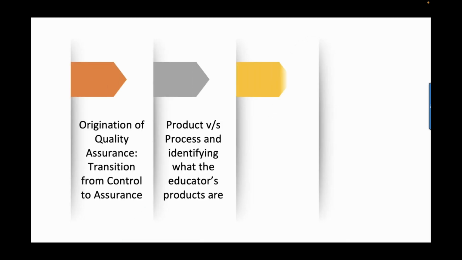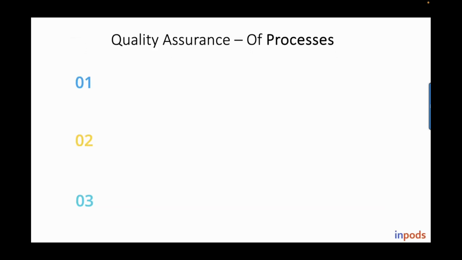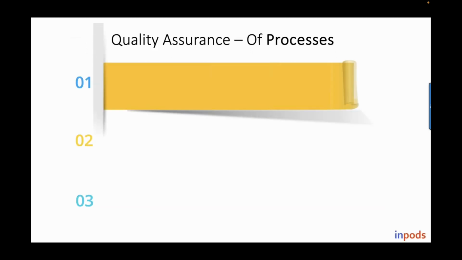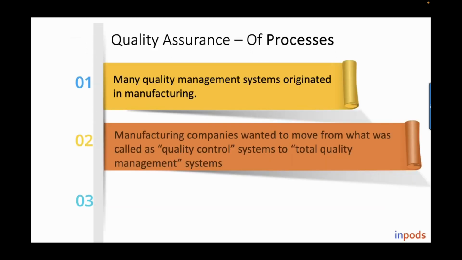Essentially, the idea of quality assurance originated in the field of manufacturing long back. They realized that quality control, which was their earlier way of controlling quality, is not enough or foolproof.